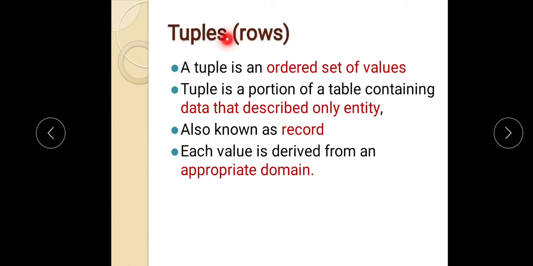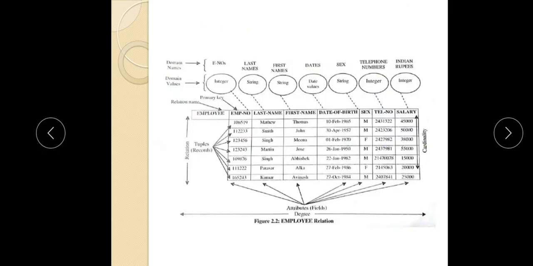Now the next concept is tuple. A tuple is also called a row. A tuple is an ordered set of values. So this employee number 106519, Matthew Thomas, 10 February 1965, male, 2413132, 45,000.